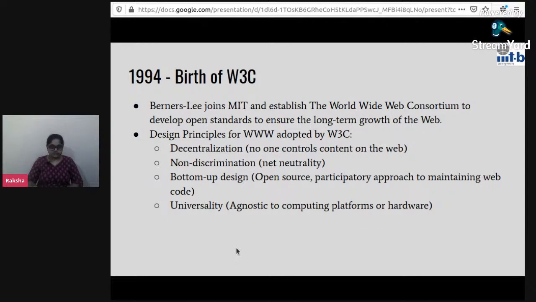So that was one design principle, and the last design principle was consensus. These design principles cannot themselves be dictatorial, right? They themselves have to come from consensus. So even today, if you go to the World Wide Web Consortium, there are multiple discussions happening which come up with new open standards.